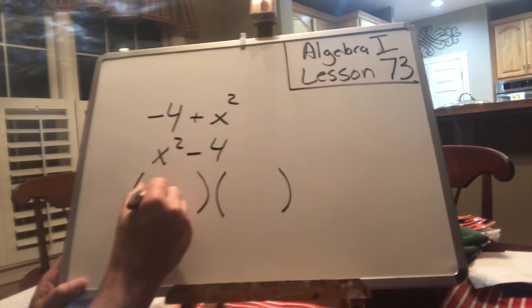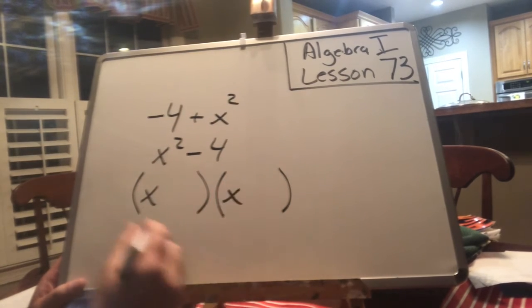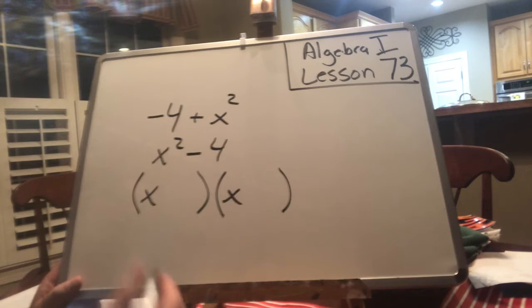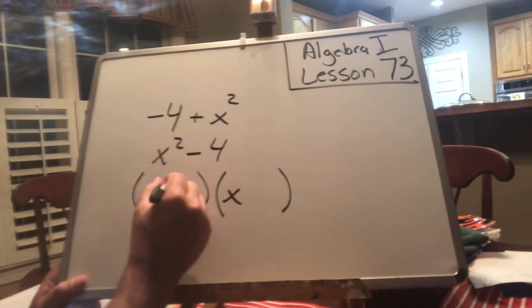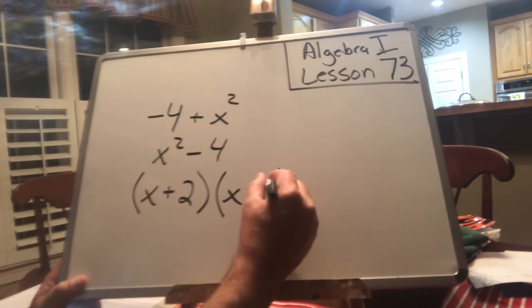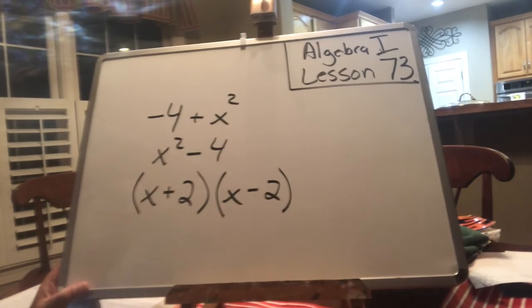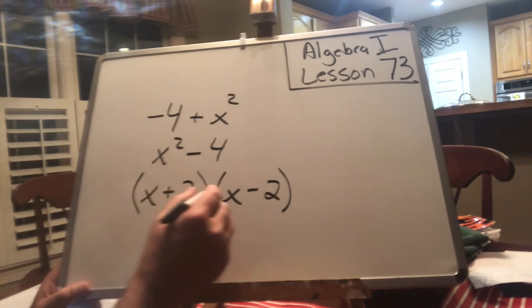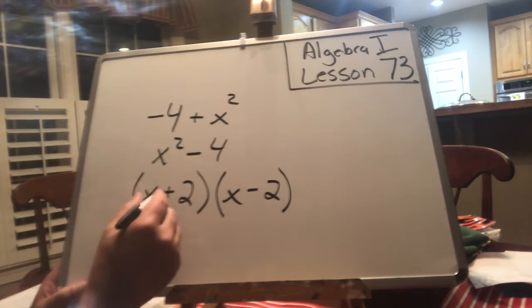I factor x squared, obviously it's x and x. X times x equals x squared. Now I'm going to have one of them be a positive. The square root of 4 is obviously 2, and one of them be a negative. And there we have it. X times x is x squared.